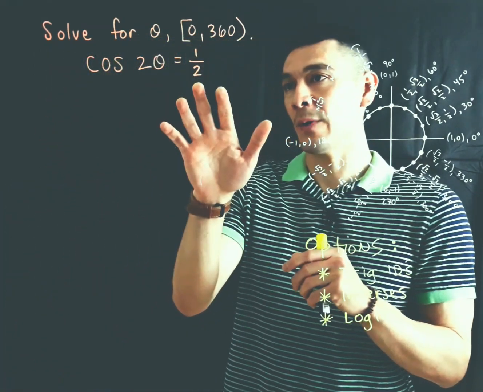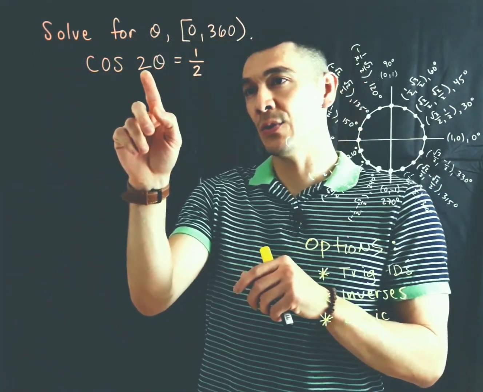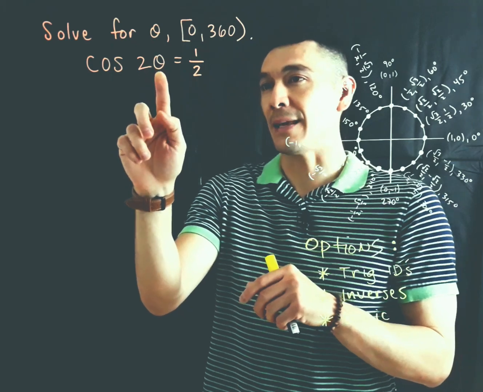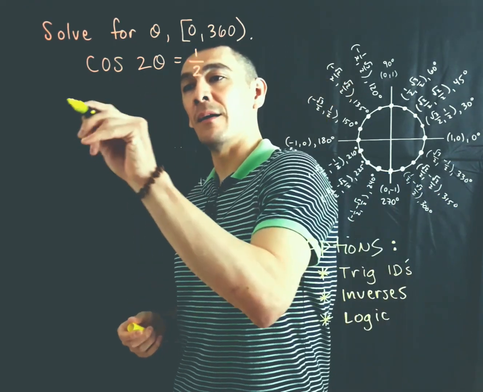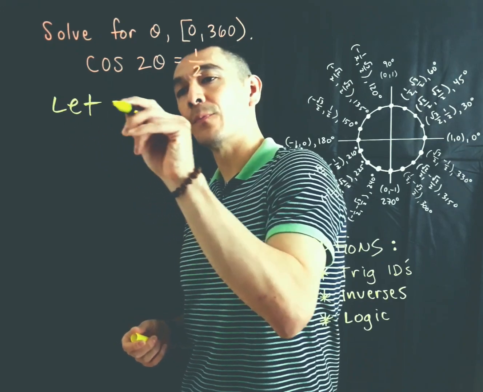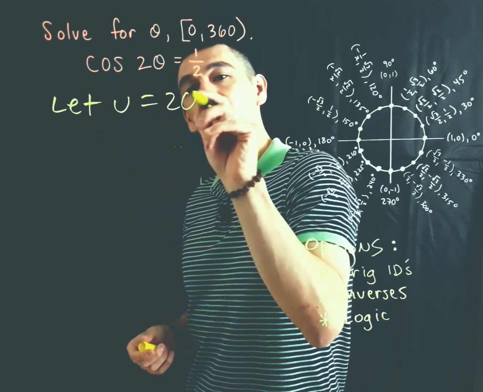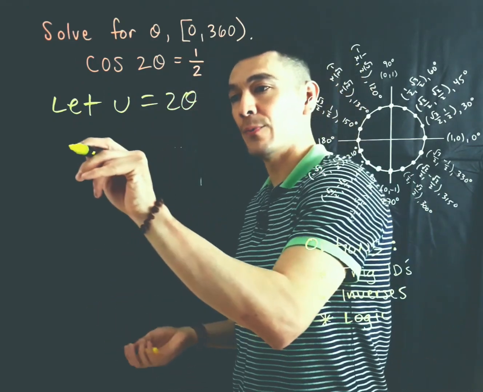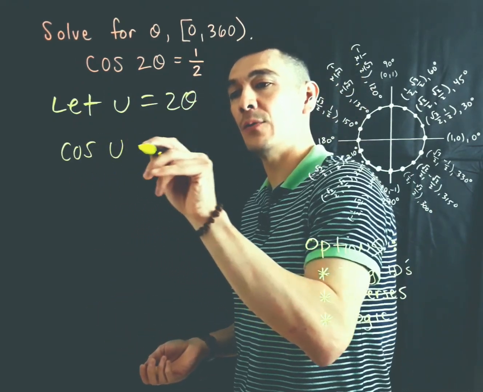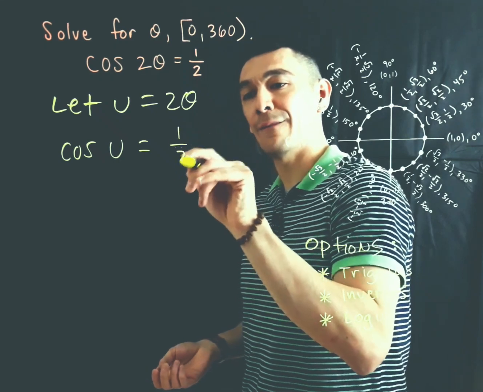So consider this equation. We don't like how there's a 2 right there. I like when it's just theta, not 2. So let's make a u substitution. Why don't we declare that u equals 2 theta and rewrite the original in terms of u. So that cosine of u equals 1/2.